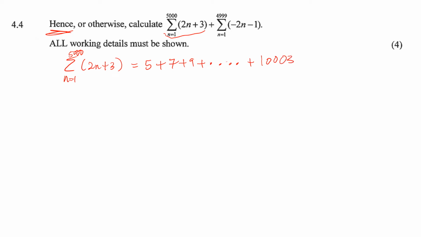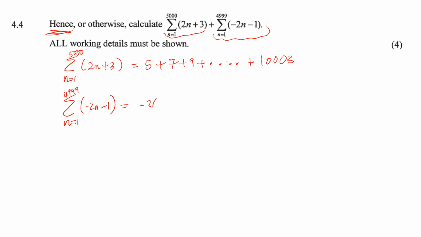Okay, so now we can also go and expand that one, right? Because you have two sums now. 4999 into minus 2 and minus 1.